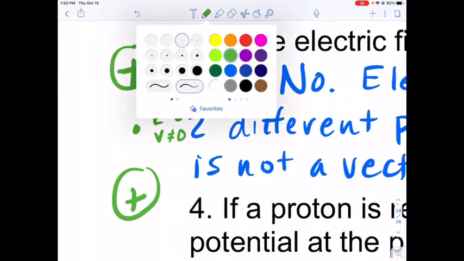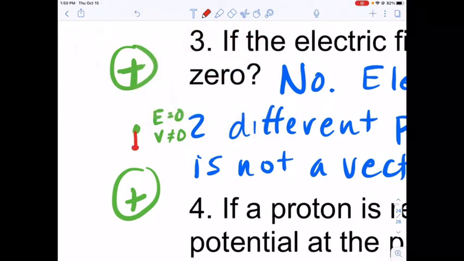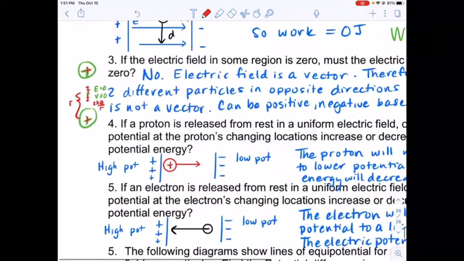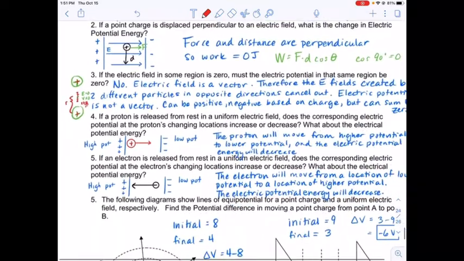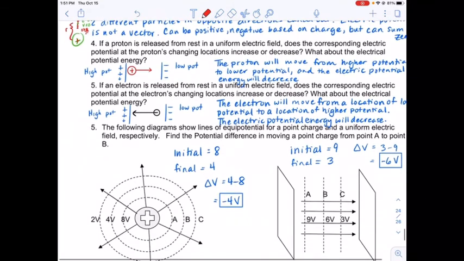The reason the electric field is 0 is because if I put a charge there, the force from each external charge would cancel out. The voltage would be kQ over r, and there would be a voltage from each one of these charges. So the total voltage would be twice kQ over r, where r is this distance. So you can have an electric field of 0 with a potential that is not 0.